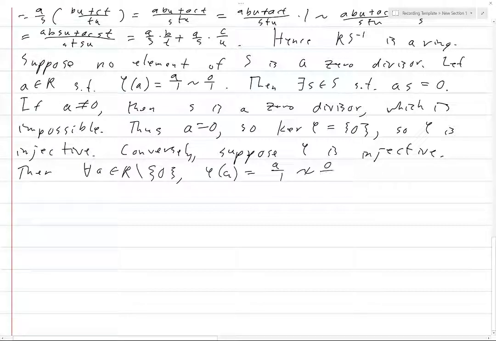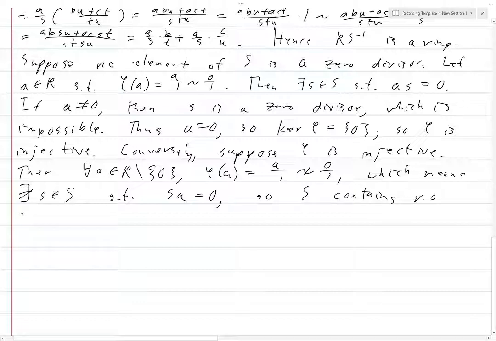This is not equivalent to 0 over 1, which means there is no S in S such that AS equals 0, so S contains no zero divisors. So hence we have proved that S contains no zero divisors if and only if this map phi is injective.